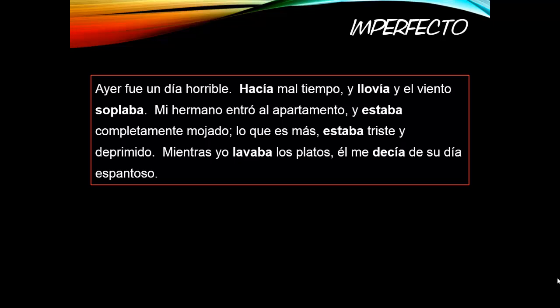All of those imperfect verbs, hacía, llovía, soplaba, estaba, decía, do not progress the story much. They give detail, background information, but they do not tell you what happens next. That is the role of the imperfect in a nutshell.